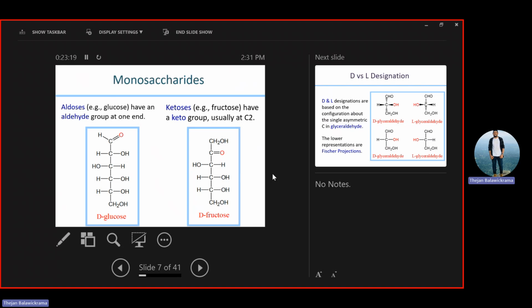Same molecular formula, C6H12O6, but different molecules, we say. In what way they are going to be different, that we should know. They are similar only in chemical formula. That means number of atoms-wise, they are similar. Other than that, arrangement is different, functional group is different, properties also are very different.